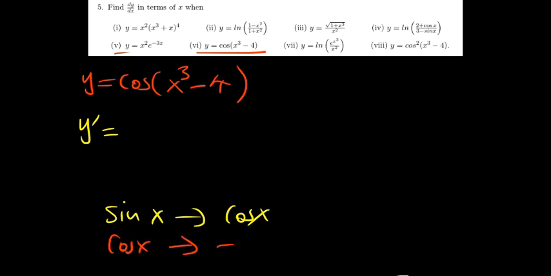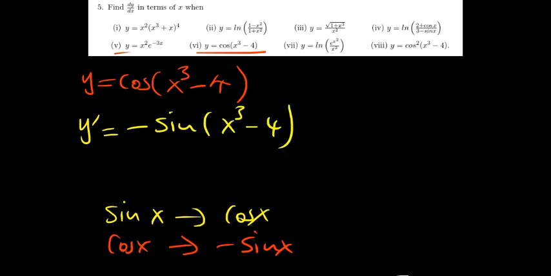So we say derivative of sine is cosine. Derivative of cosine is negative sine. Just this will help you. So the derivative of cosine is negative sine. So you have negative sine of x to the power 3 minus 4.